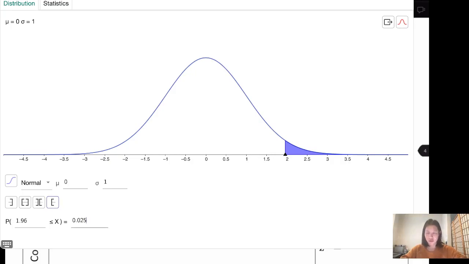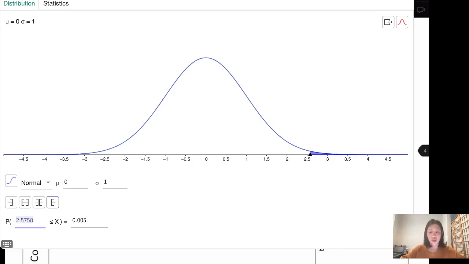So we want this to be only 0.5%. So that means this is going to be 0.005. So x is going to be 2.5758.